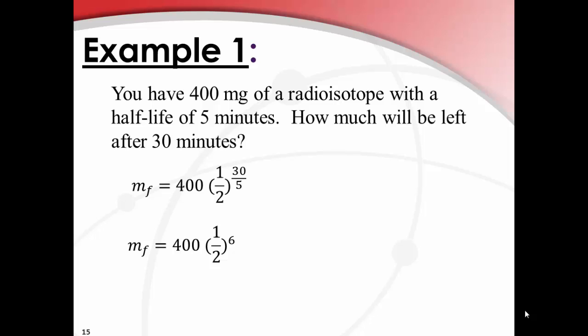So 400 times 1/2 to the 6th power. Solving 1/2 to the 6th power, I get 400 times the fraction 1 over 64. Multiplying 400 times the fraction, I'll end up with 6.25 milligrams remaining for my final mass.